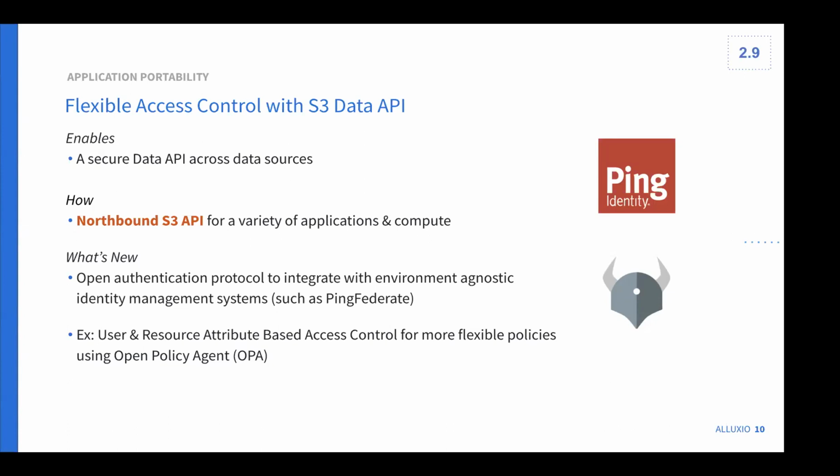So this is something we are using, Ping Federate and the combination of OPA, as one of the ways to enforce authorization and authentication for our northbound S3 API. So with this, you can expect to use the northbound S3 interface across environments. So not just for Amazon S3, but also different kinds of data sources like ADLS or GCS, or even your on-prem S3 object stores.